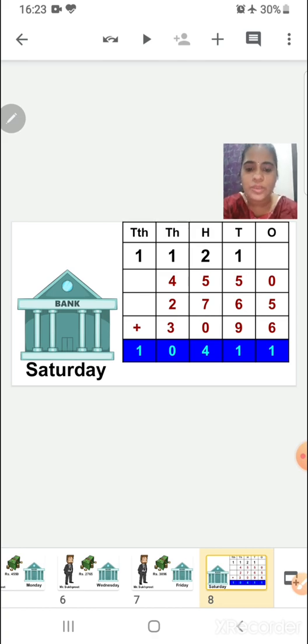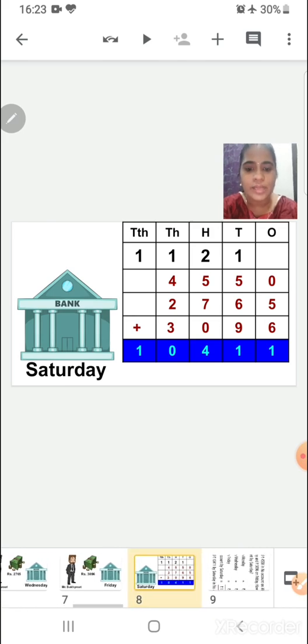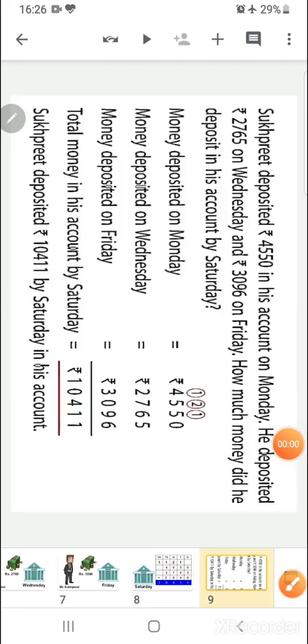Now the actual word problem sum that you are going to get is like this. The question is: Sukhpreet deposited rupees 4550 in his account on Monday.